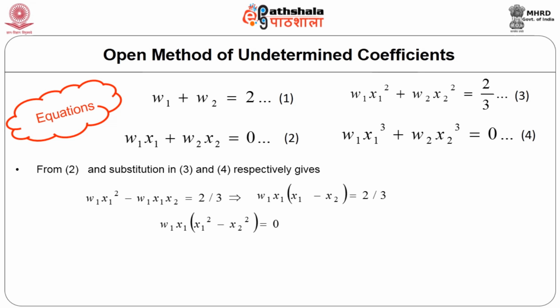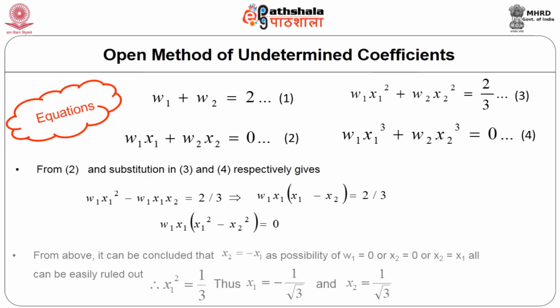Let us solve these simple 4 equations. The second one gives us W2 x2 is minus W1 x1, and substituting this in the last equation, we get W1 x1 into (x1 square minus x2 square) is 0, substituting W2 x2 as minus W1 x1. W1 x1 is common.